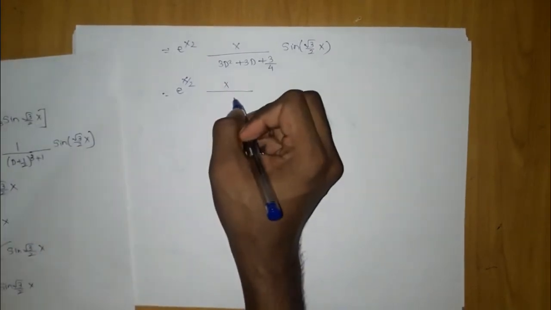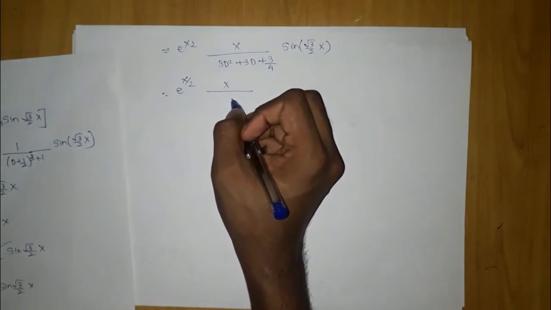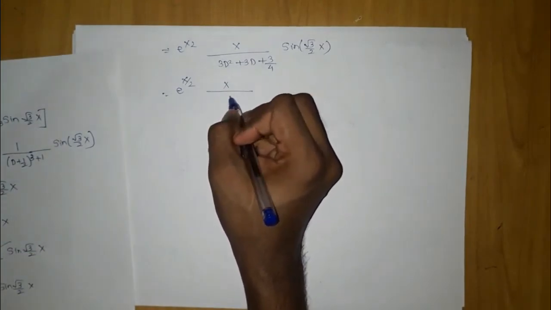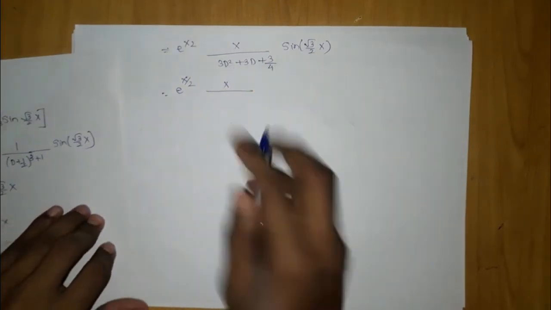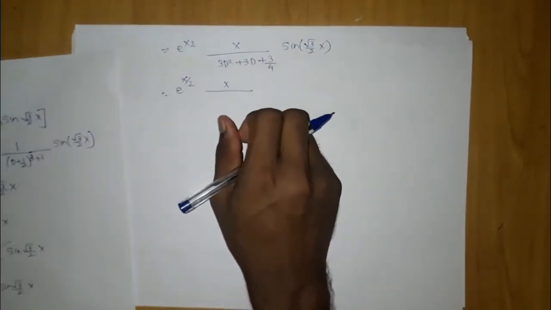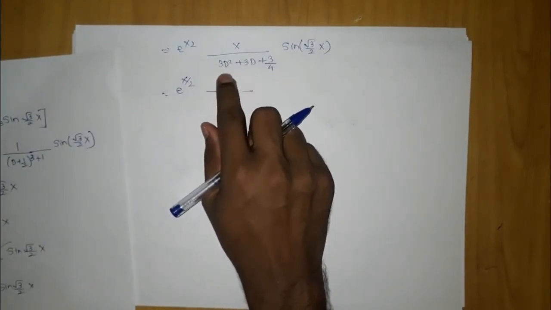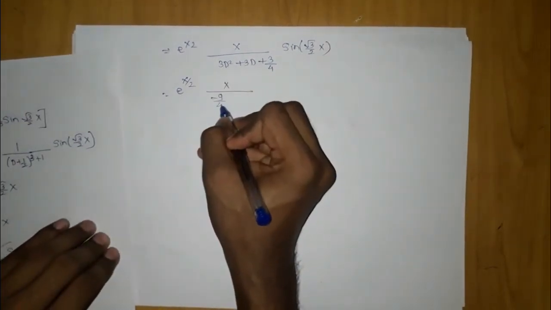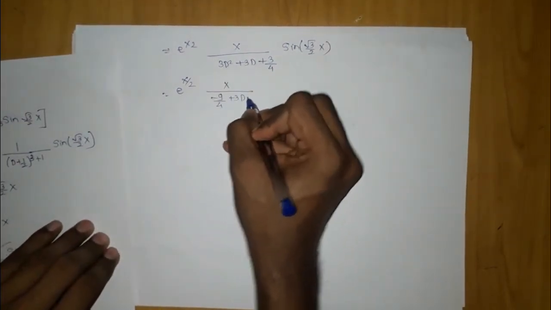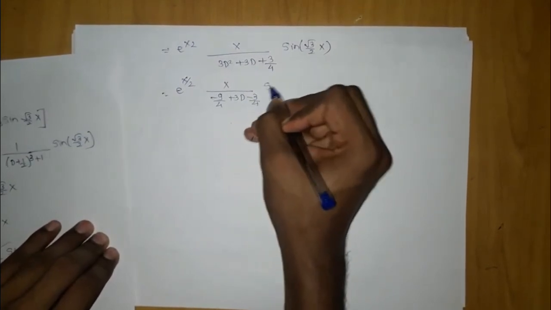If we do that, we will get x into, if we replace minus 3 by 4, this will become minus 9 by 4 plus 3D minus 3 by 4 into sin root 3 by 2 x.